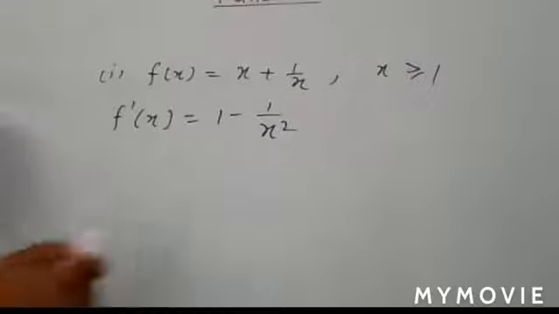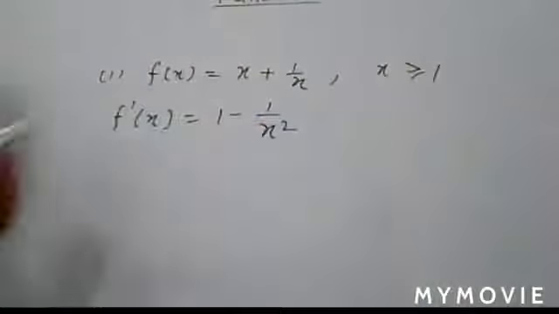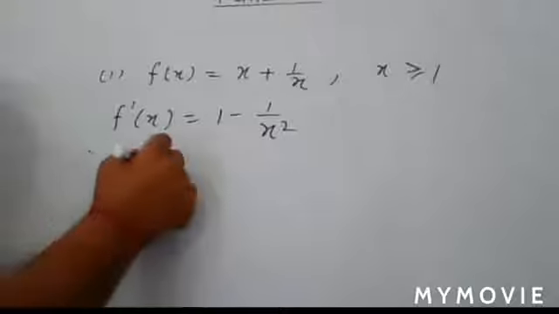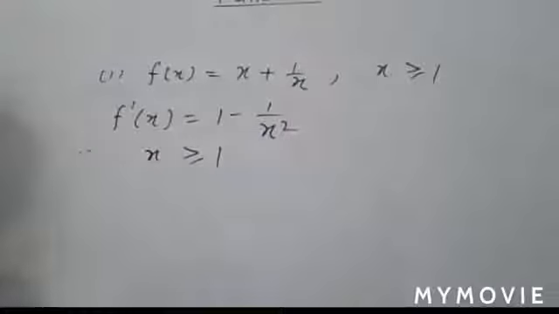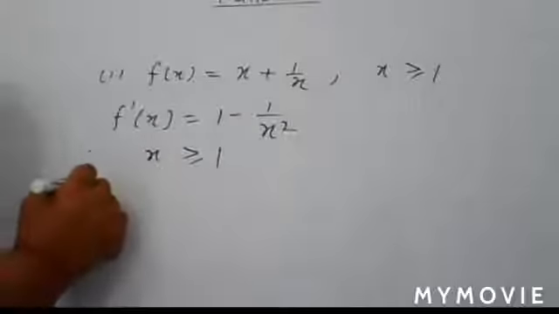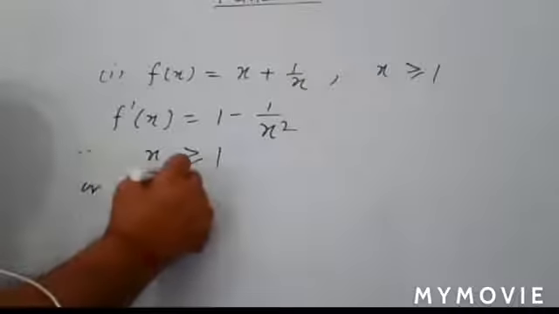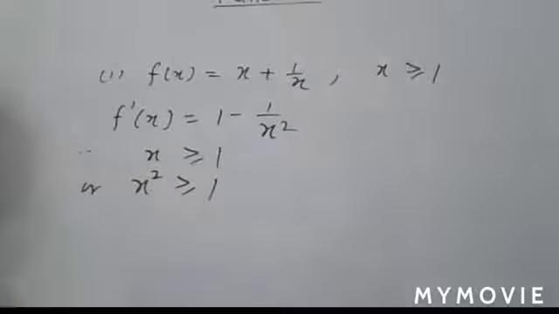Now here you take this value, it is given x is greater than or equal to 1. So what about x square? x square is no doubt greater than or equal to 1.